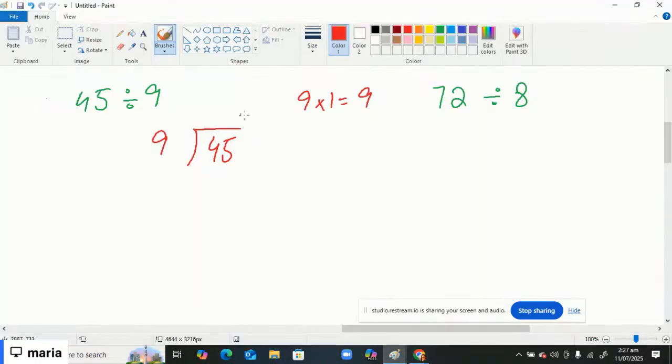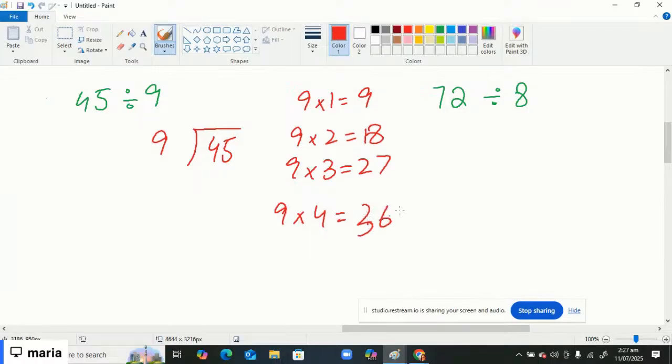Okay, so 9 times 2 is 36, and 9 times 5 is 45. So which number is closer? That is 9 times 5 is 45.